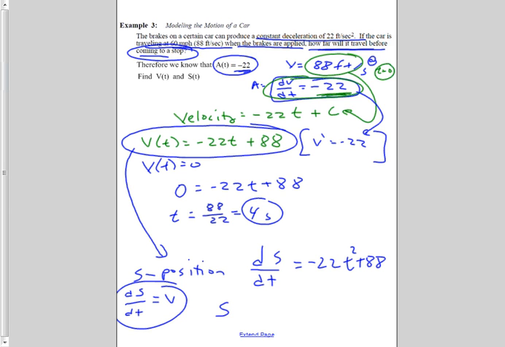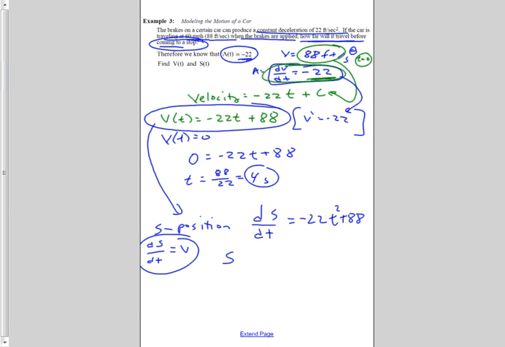So my position at any time equals integrating this. Oh, this is just t. Integrating this, I get -11t squared plus 88t plus some constant.